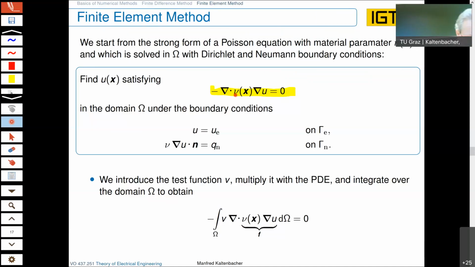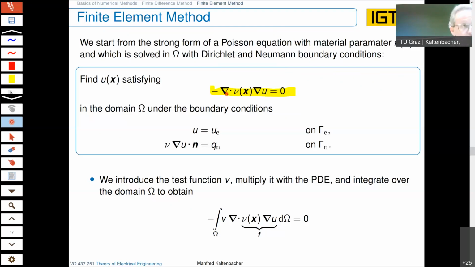And that is a problem because, as you see here, we have the divergence of the material parameter times the gradient of the unknown. So the unknown could be again our electric scalar potential, and the material parameter here could be the permittivity, and that is different in air than in a dielectric material.